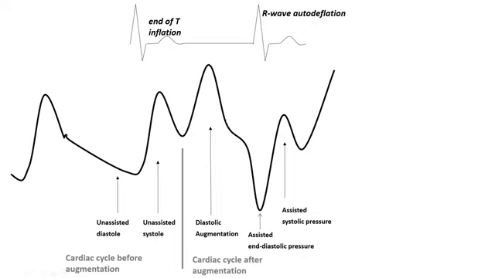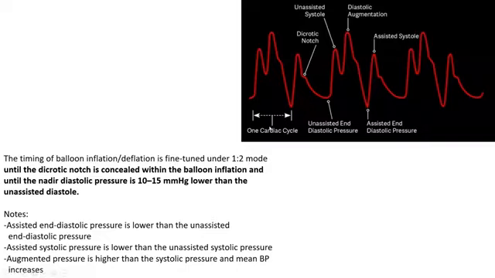You often don't need to do that, but it will be clever for you to verify that the augmentation is appropriate and you're having the proper waveform. The way to verify that is to go under 1-to-2 or 1-to-3 mode, typically 1-to-2 mode, and you compare cycles without augmentation versus cycles with augmentation.